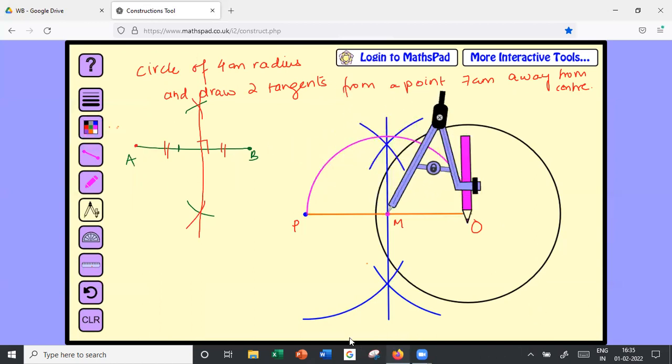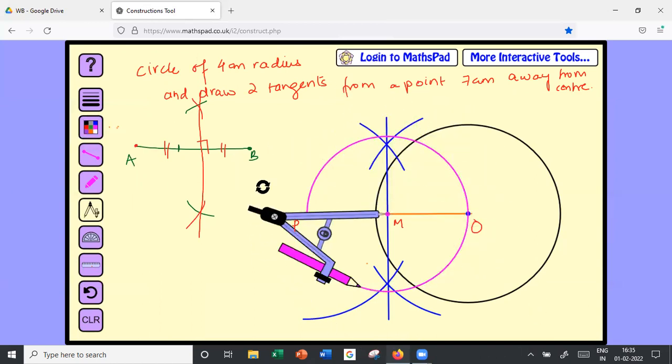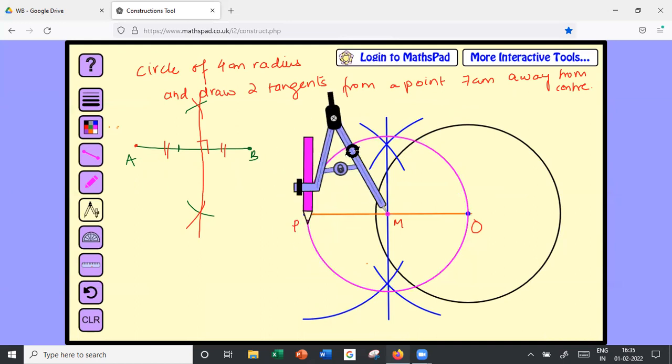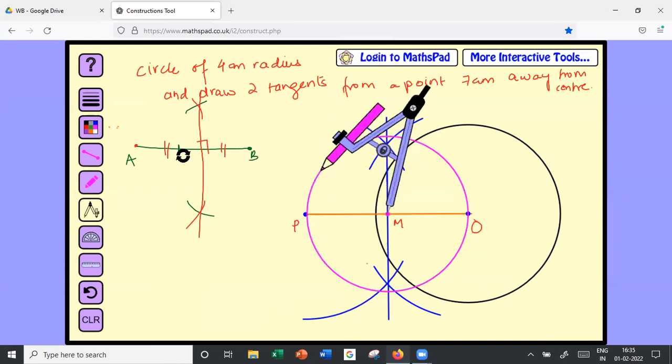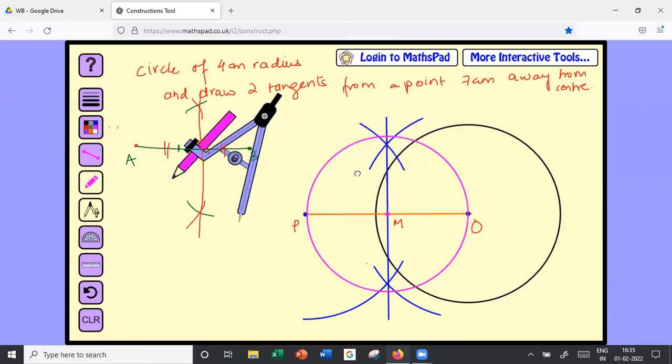Now you draw the second circle. And now you will get 2 points.